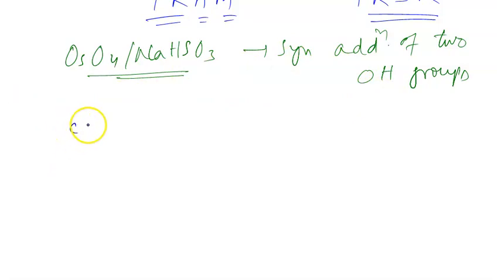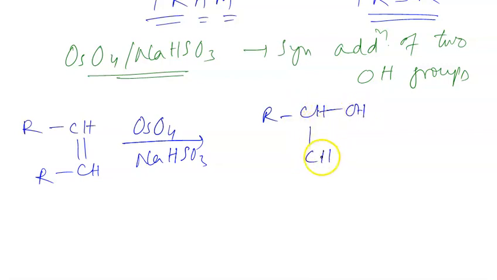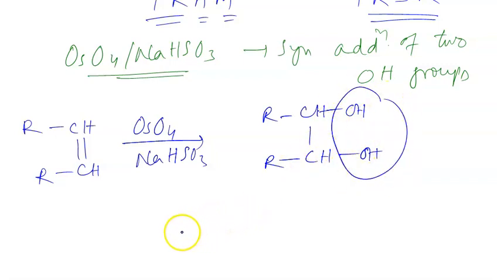For example, if we have RCH=CHR, let this be the multiple bond, and the reagent is OsO4 with NaHSO3. Then you can easily write the product, RCHOH and similarly RCHOH. So the two OH groups are on the same side, that addition is syn addition.